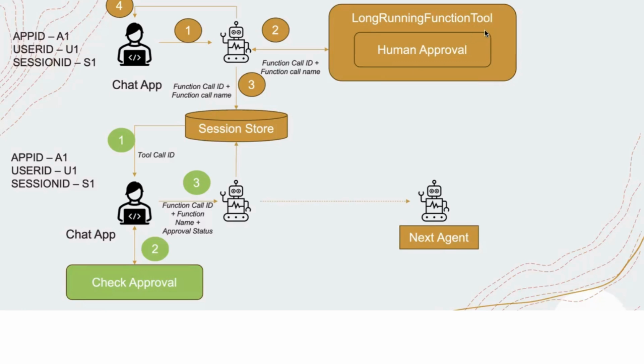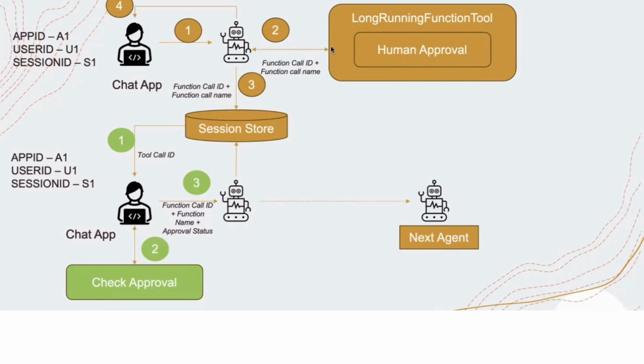So when I wrap that function, the human approval function, with the long running function tool wrapper, as soon as the agent executes that particular tool, it doesn't wait for the human approval to come.